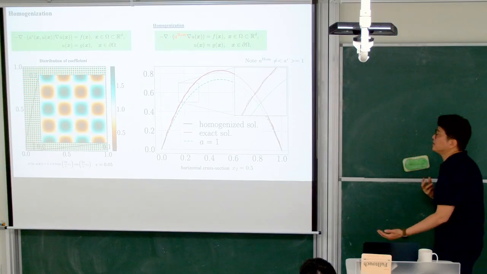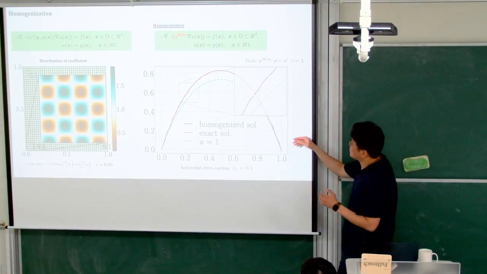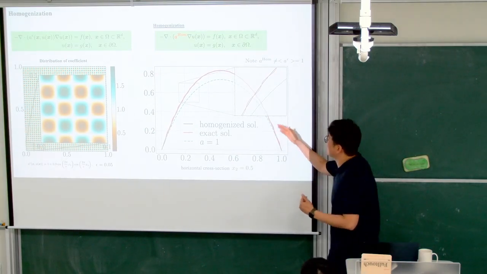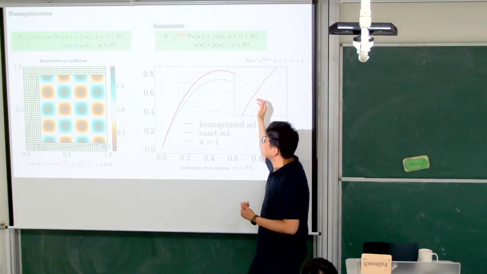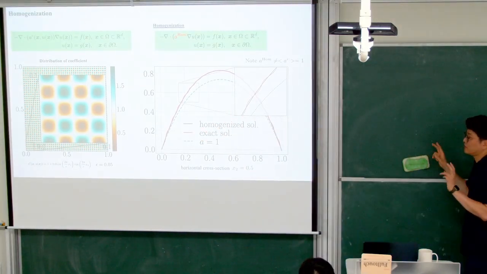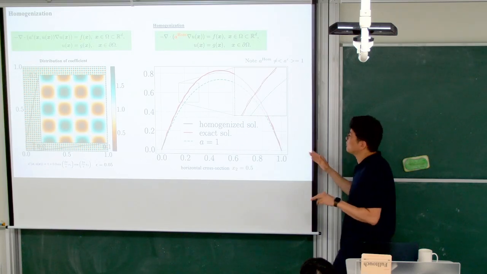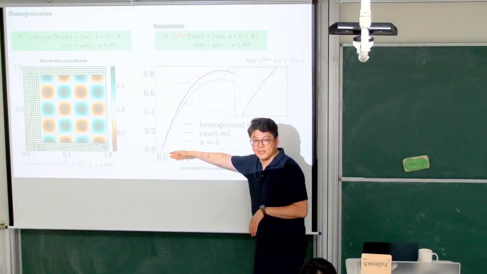In the multi-scale community, capturing all the macroscopic and microscopic behavior is of course what is desired, but it's very hard to capture everything. So at least they want to capture the macroscopic behavior.